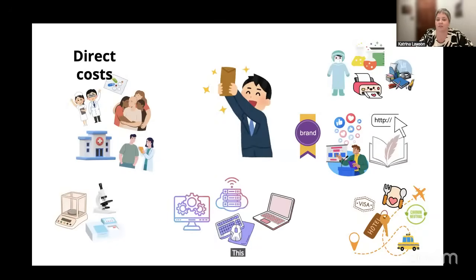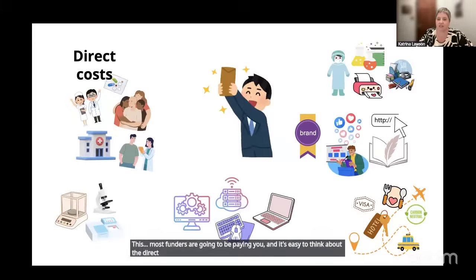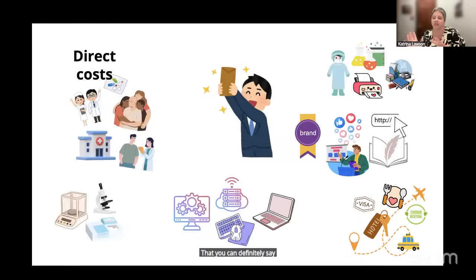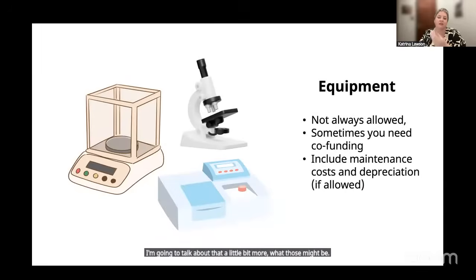Most funders are going to be paying you, and it's easy to think about the direct costs of research. That's the things that you pay for that are quite tangible, that you can definitely say, this is a thing that this project needs to pay for. I'm going to talk about that a little bit more, what those might be. So here's an easy one, equipment. If you need equipment, that's an easy direct cost.